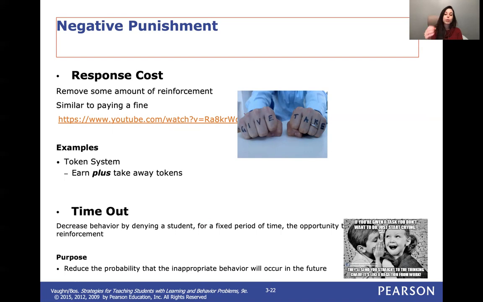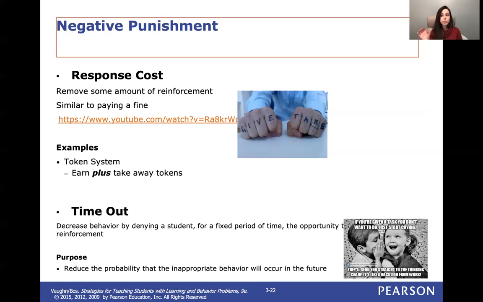So they're removing your money, which remember negative means remove, to decrease the behavior of parking in the wrong spot. That's response cost. We've all experienced it. So maybe you're in a classroom setting, and I don't always love this model because I think students should be able to earn things, start out at 0, just like we do with our paychecks. You start out at 0. If you do a good job that month, you get a paycheck, right?